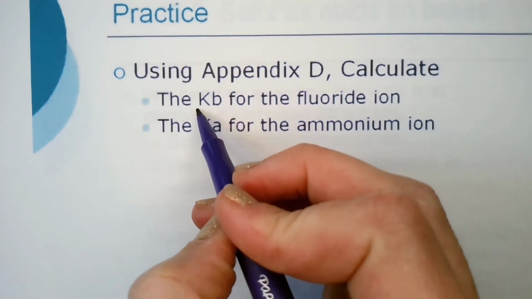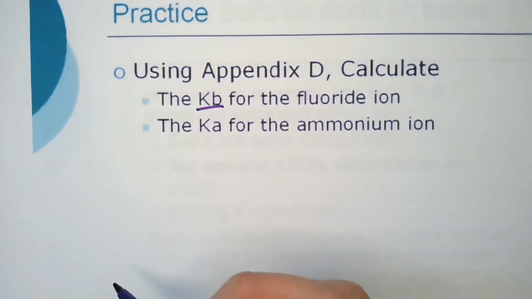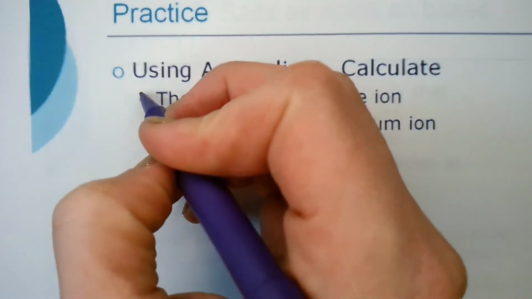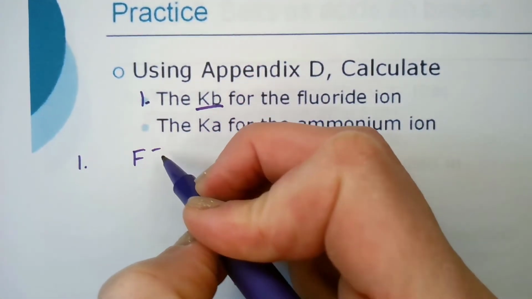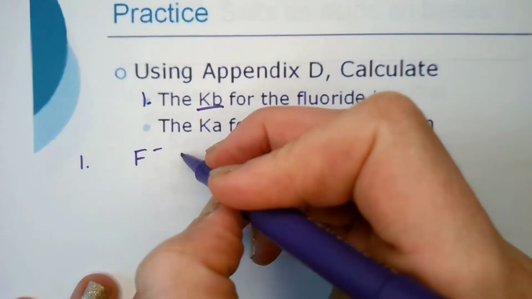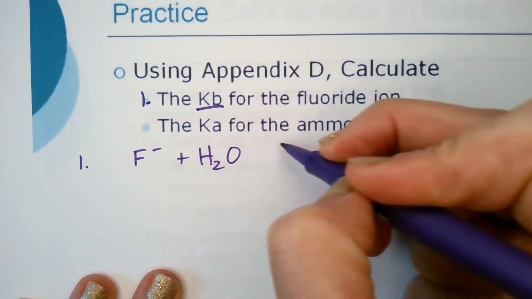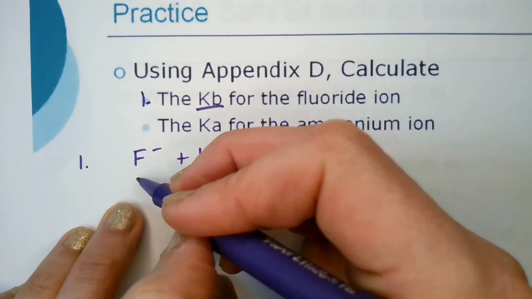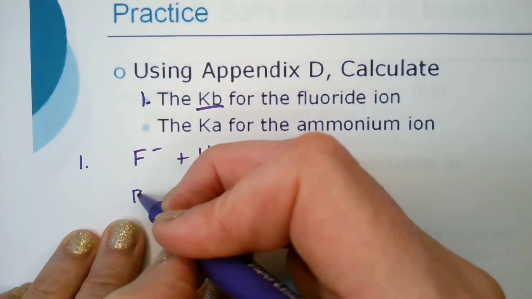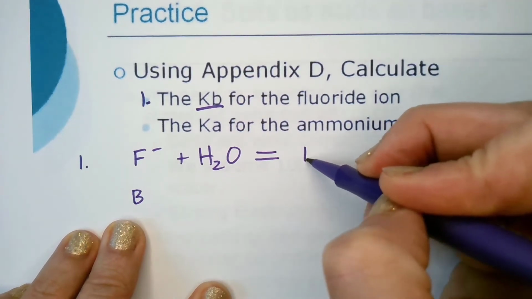Let's look at this practice. Using Appendix D, make sure you have that handy, we're going to calculate the Kb for the fluoride ion. So let's just write this out. We'll call this number 1. We've got fluoride, F negative, and when mixed in water, it forms an equilibrium.